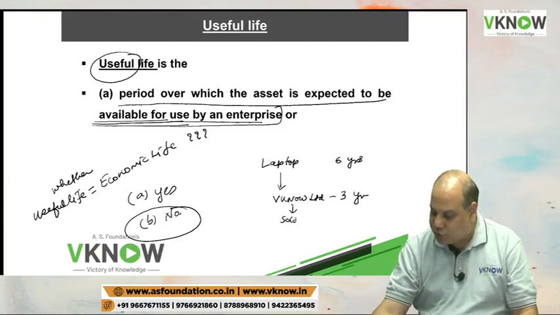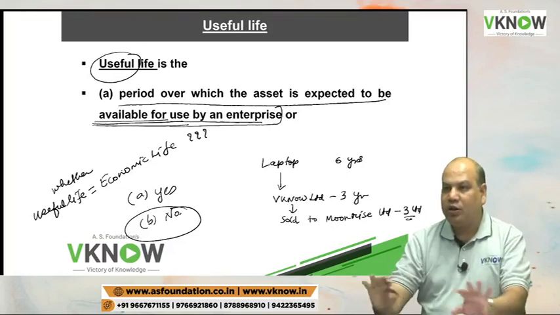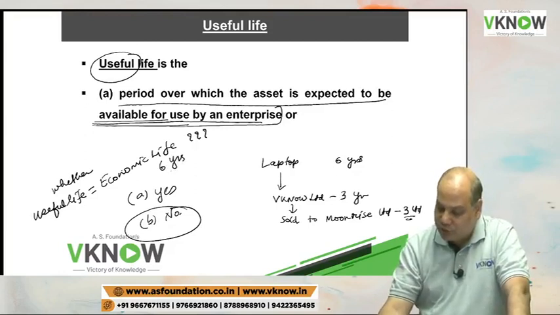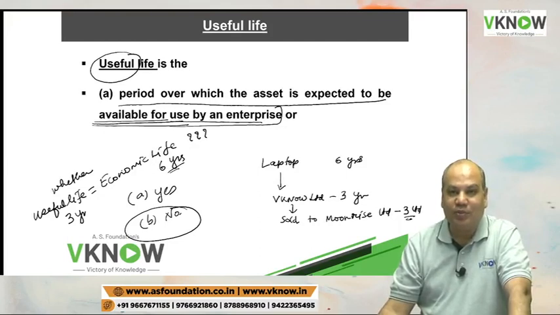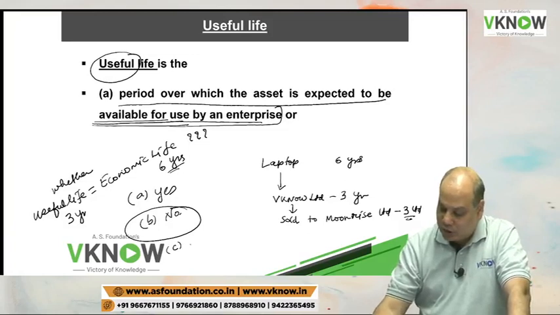After that, it will be sold to Moonrise Limited, which will use it for 3 years, and then this laptop will stop functioning. So its economic life is 6 years, but for the entity the useful life is 3 years. The answer is that useful life may be equal to economic life, but it may not be. So the correct answer is maybe.